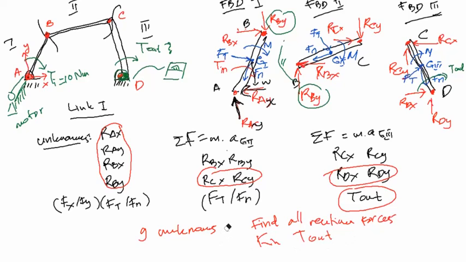So overall you have 9 unknowns. So it means you need 9 equations. Okay, but the question is only to find the output torque. So you will still need 9 equations.